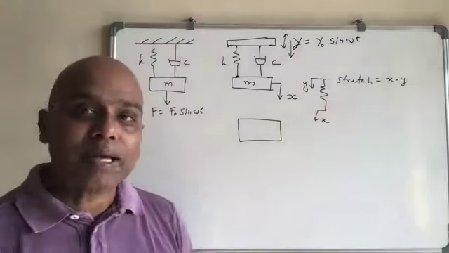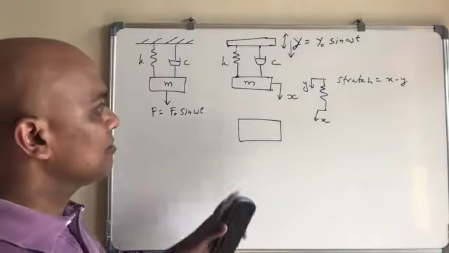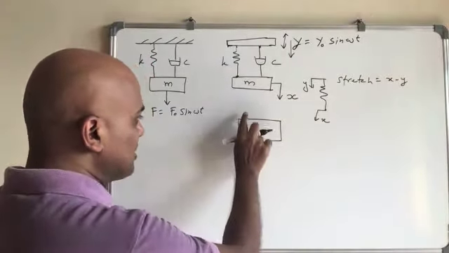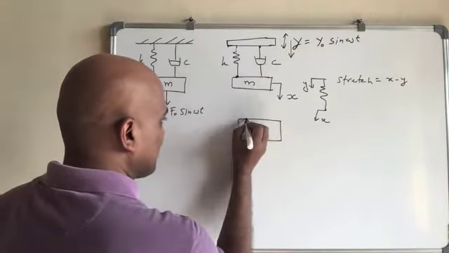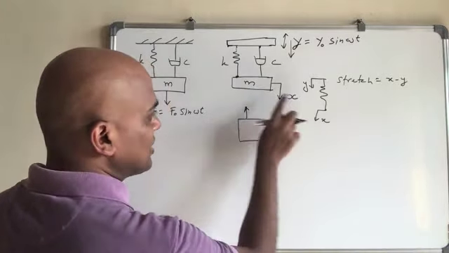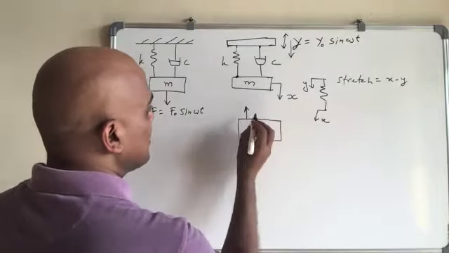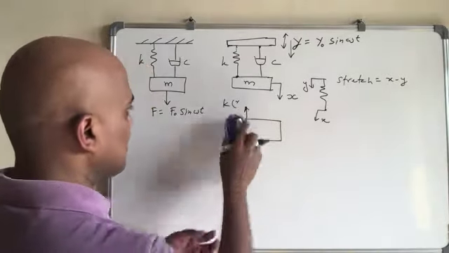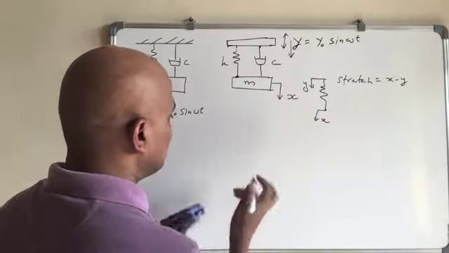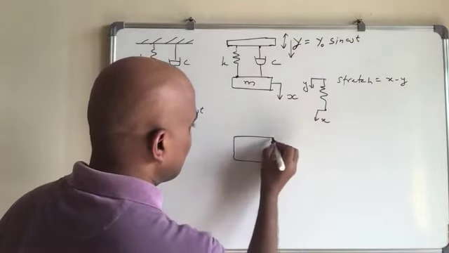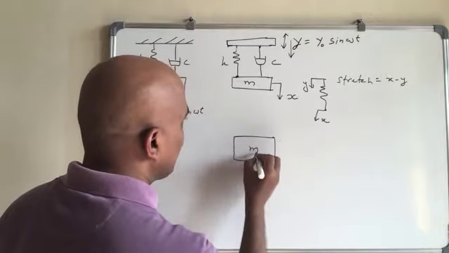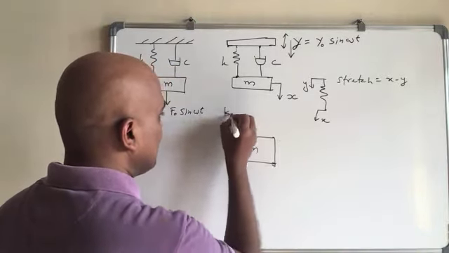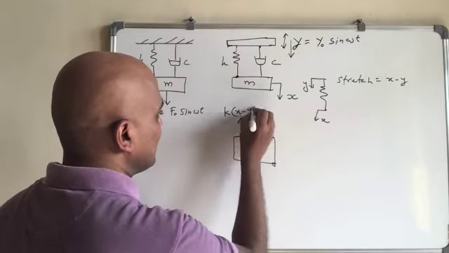If the stretch is x minus y, then there will be a force opposite to the x minus y direction. Let's draw a little below. So how does the free body diagram look? We have here k times the stretch.